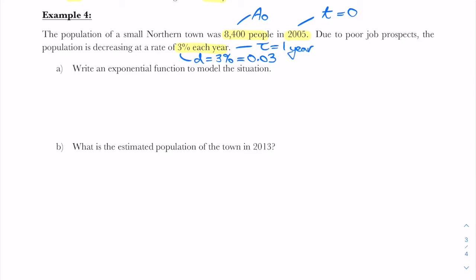This will be important in part B. So as always, let's create our function. And simplify.